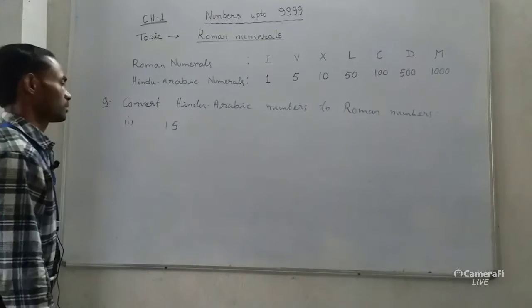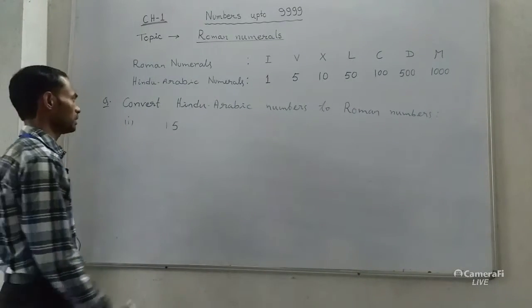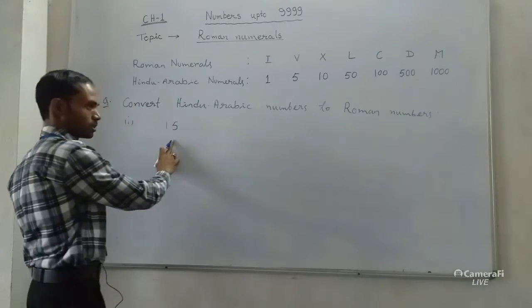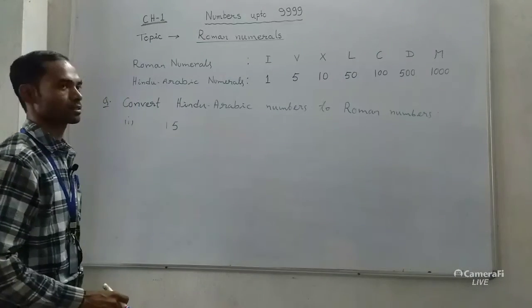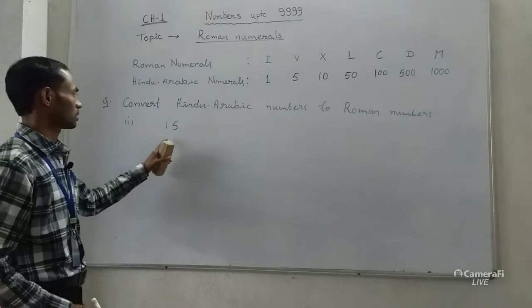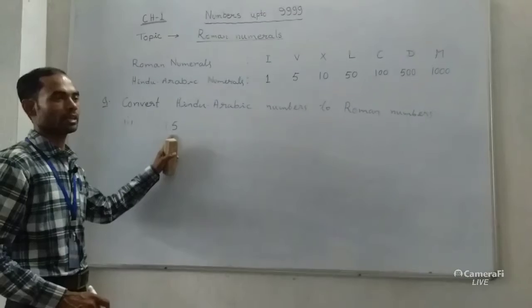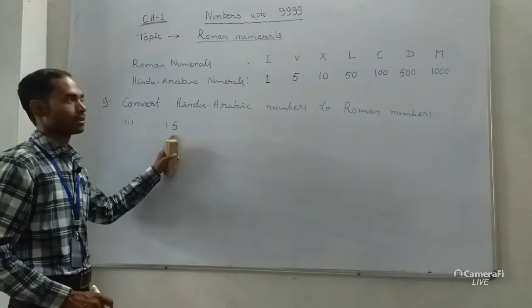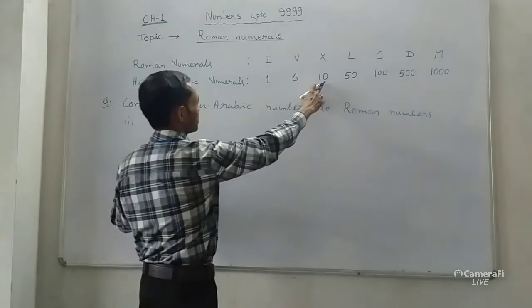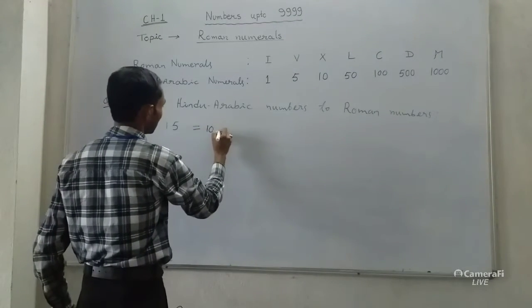So first we have to expand this number, but how can we expand it? We will go to the nearest value to 15 that has a symbol. The nearest value with a symbol is 10. So 15 we will expand as 10 plus 5.